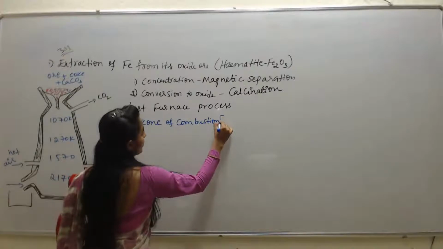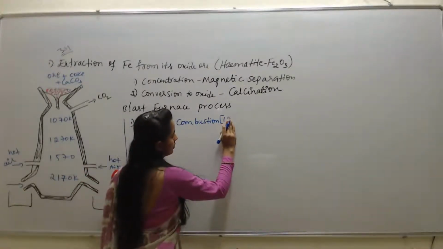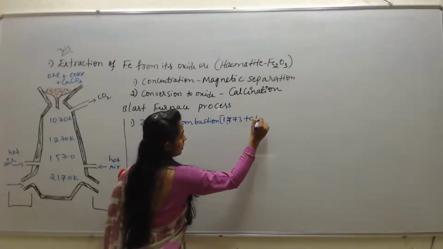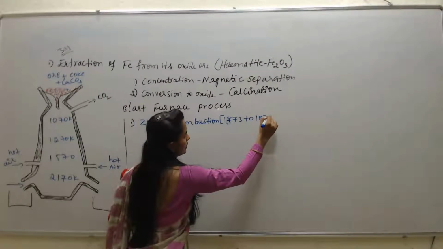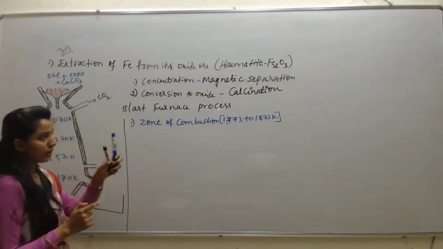In the zone of combustion, the temperature is 1773 to 1873 Kelvin. This is the zone of combustion.